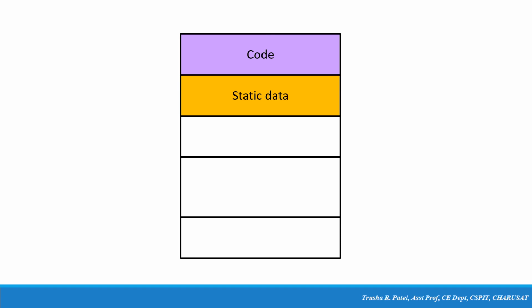Whatever static allocation has been done by your program is available in the static data section. Then the stack part. Whatever stack allocation is done by your program will go in the stack section, and this will be the dynamic one, because as we have discussed, this is done at runtime, right? So this may grow, but it will grow in the downward direction.